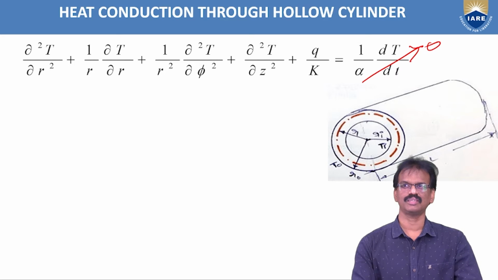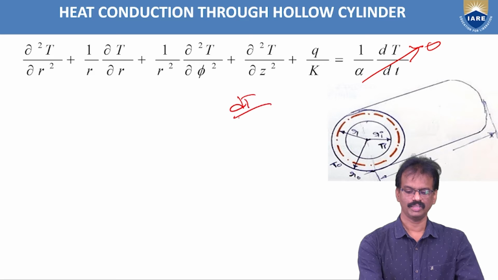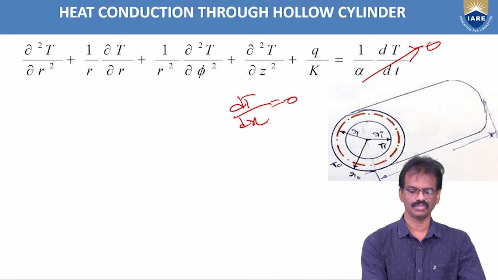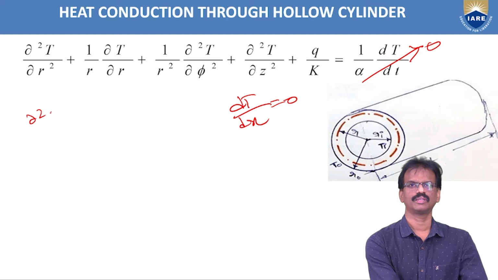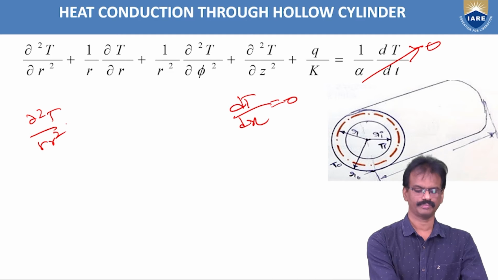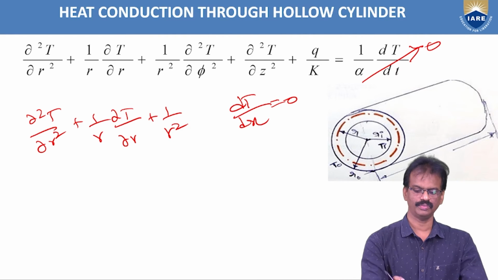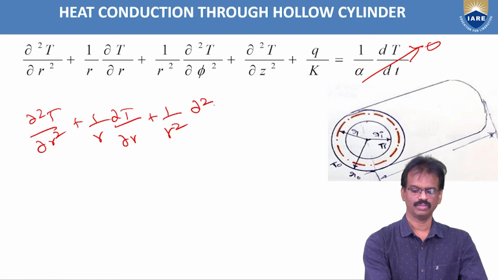Then the formula will be like this: ∂²T/∂r² + (1/r)(∂T/∂r) + (1/r²)(∂²T/∂φ²).